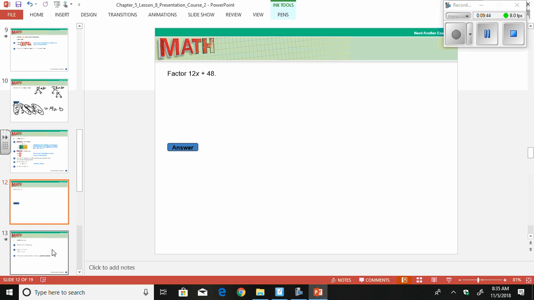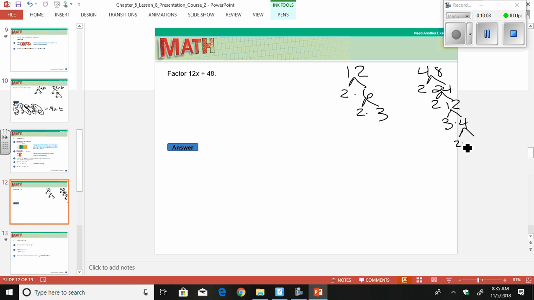What do they have in common? Well, you can do the greatest common factor. That's one thing. 2 times 6, 2 times 3. 48: 2 times 24, 2 times 12, 3 times 4, 2 times 2.